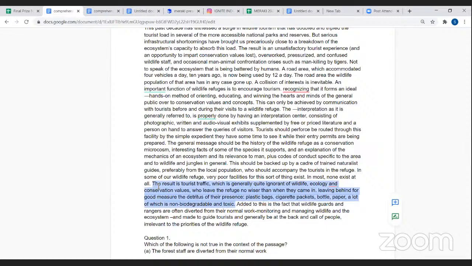This one. The result of tourist traffic, which is generally quite ignorant of wildlife ecology and conservation values, who leave the refuge no wiser than they came in, leaving behind a good measure of detritus of their presence, plastic bags, cigarette packets, bottle paper, a lot of which is non biodegradable and toxic.